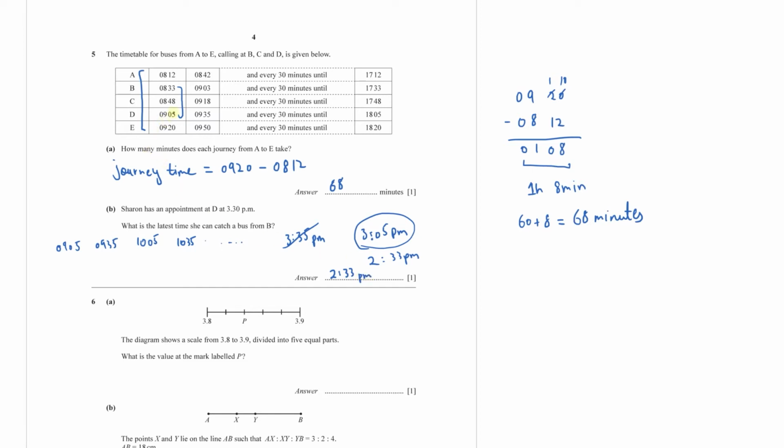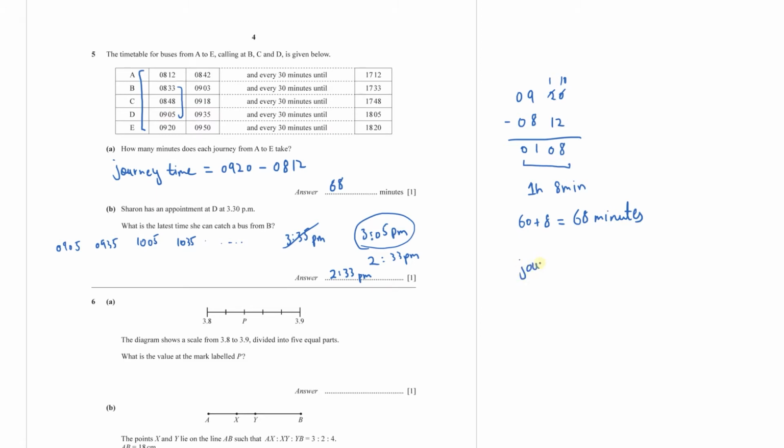If it's not clear from the pattern, you can actually calculate the value as well. So you've established that Sharon has to arrive on the bus that arrives at point D at 3:05 p.m. So you can calculate how long is the journey from B to D using these two values.